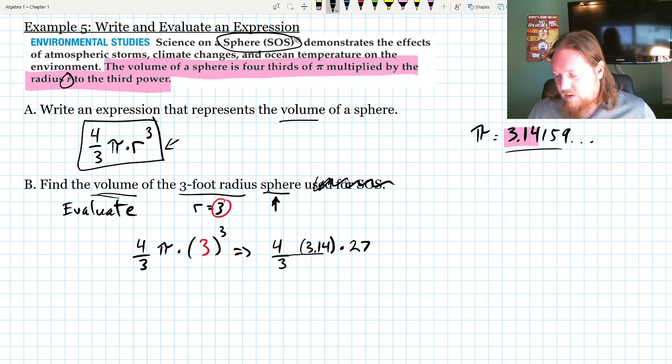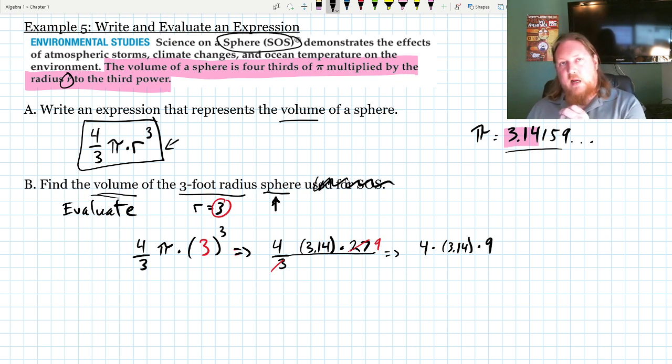So all of these, this fraction bar can go over the whole way. And now you can simplify some stuff down. 27 divided by 3 is 9. So I have 4 times 3.14 times 9. And now, if I've got a calculator, that's where I'm going to plug it in.